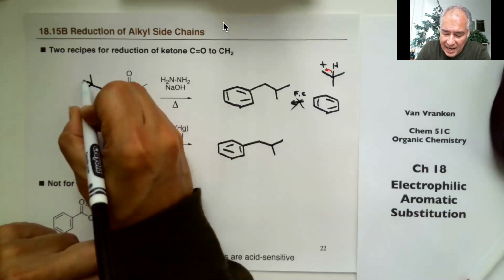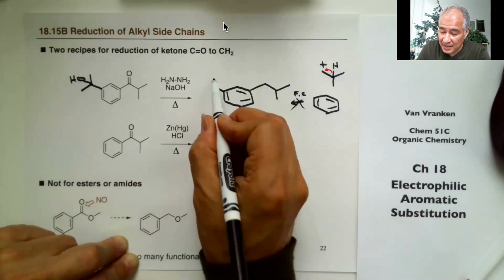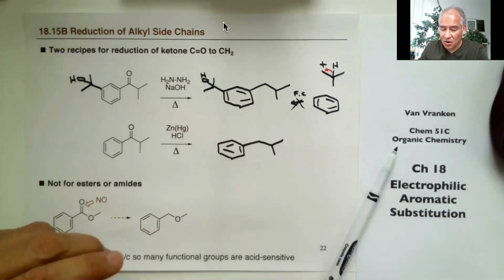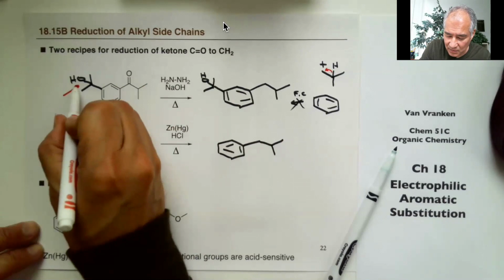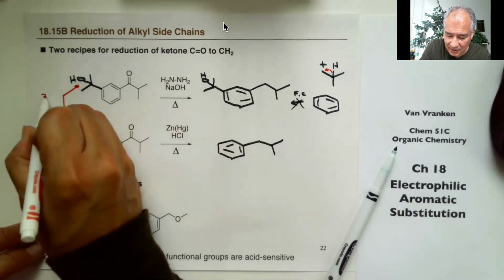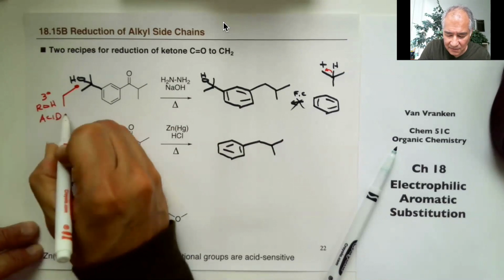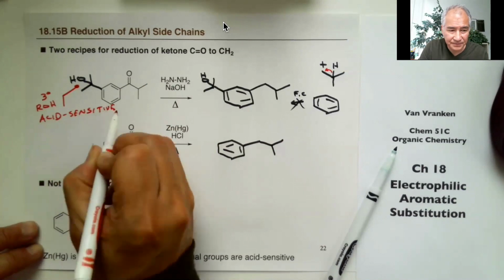Like let's suppose you had an acid-sensitive functional group on there. Don't use the bottom conditions, right? That's sensitive to acid. If you put this kind of tertiary benzylic alcohol on a substrate, don't use the bottom conditions. That tertiary alcohol, tertiary ROH, is acid-sensitive. So use the basic conditions for that.